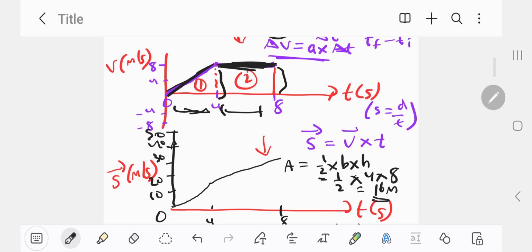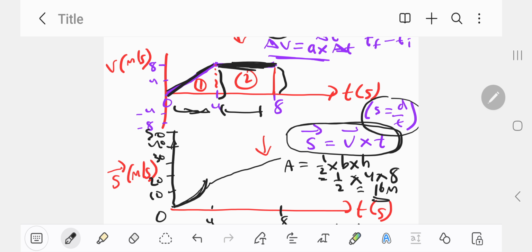Then, to go from velocity time to displacement time, you use this relationship here. Displacement, which is distance, is velocity, which is speed, times time. Okay, using speed as distance divided by time. From 0 to 4 seconds, you need the area under the graph to work out displacement. That's a triangle, half BH. You get 16 meters. You get a curve because you're accelerating.